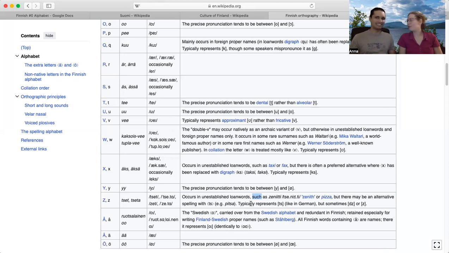Köyliöläisen, yötyöläisen, hääyöaie. Okay, better.